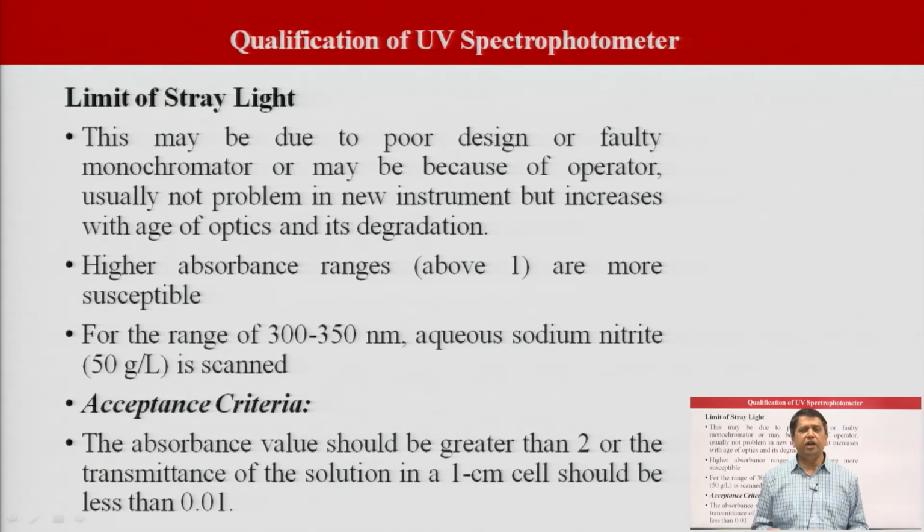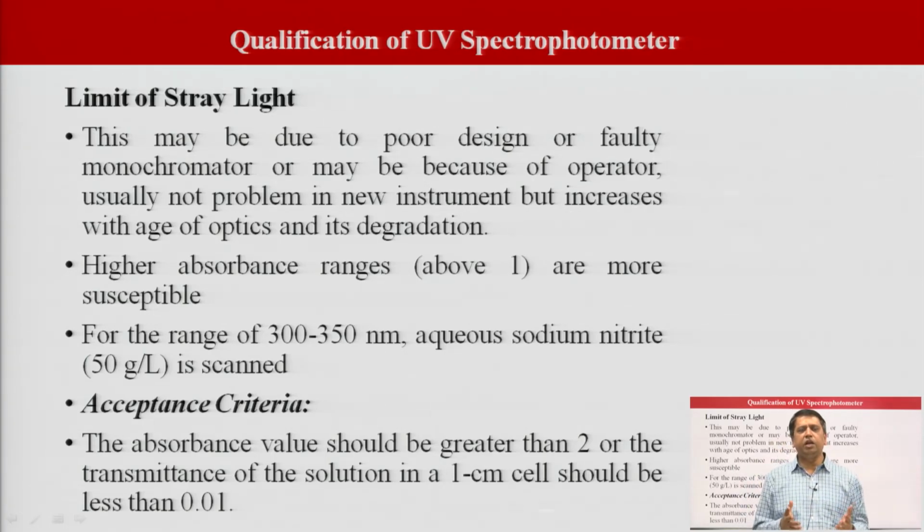Now, you can easily understand that if there is poor design of a UV spectrophotometer, or a faulty monochromator, or casual use by the operator, there is a chance that stray light may come inside the UV spectrophotometer and be detected by the detector. This problem may also arise because of the age of the optics and the degradation of the optical components inside the instrument.